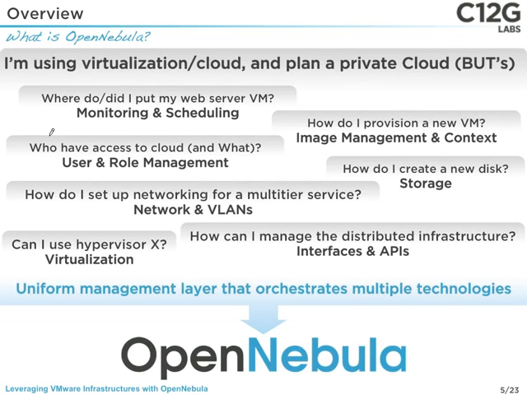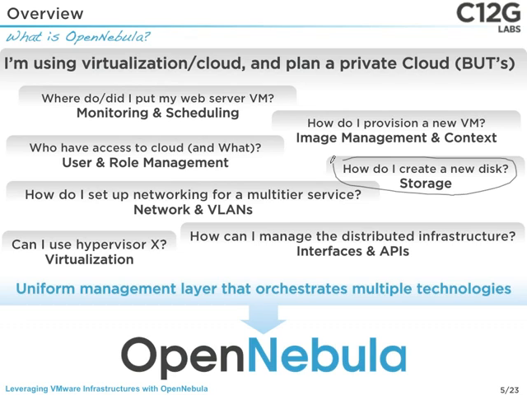Also, if I want to offer the power of my cloud infrastructure to other users, there's always the question of who has access to my cloud and to what resources inside that cloud. Then you will need some user and role management. Also, the question of how do I create a new disk may become complicated with different configurations in different servers. So OpenNebula tries to abstract that through the storage mechanism.